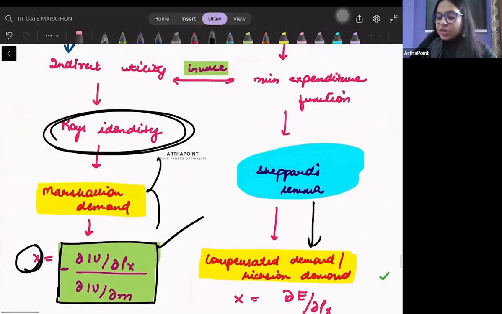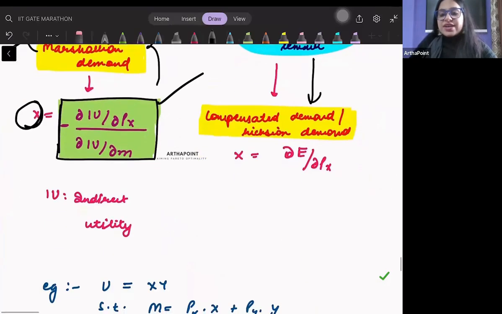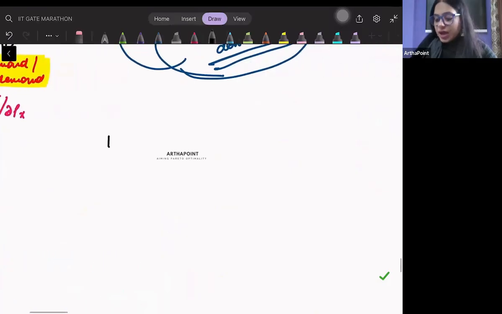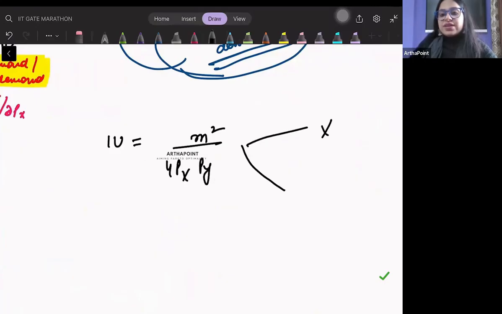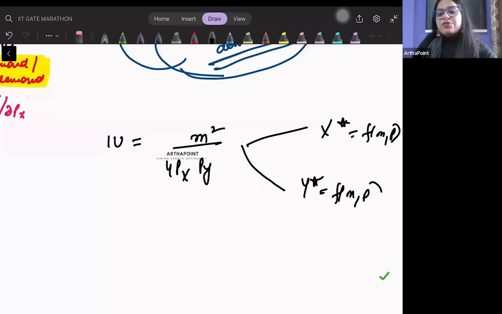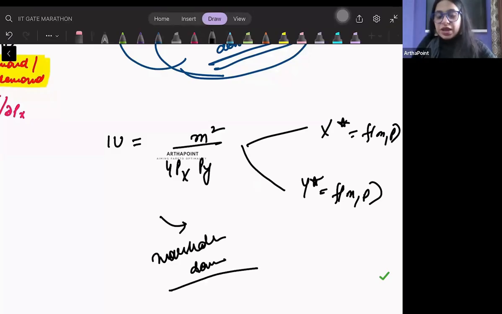For Roy's identity you need the indirect utility function. Marshallian demand is always a function of income and prices. So Roy's identity said that if you give me the indirect utility function, then I can tell you x and y star as a function of income and prices. Meaning I will give you back your Marshallian demand.